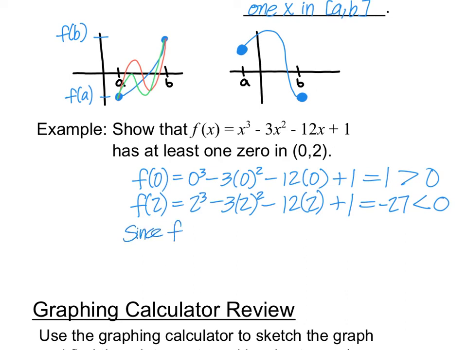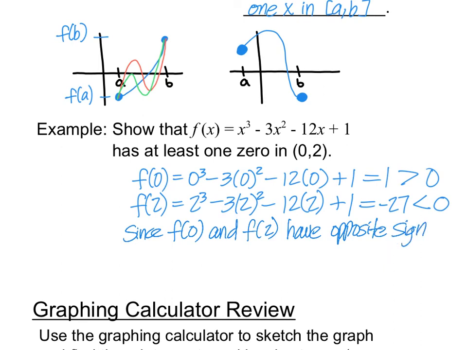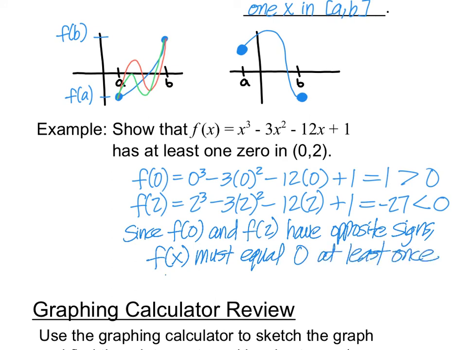Since f of 0 and f of 2 have opposite signs, that was the requirement for the intermediate value theorem, f of x must equal 0 at least once in the interval 0 to 2.